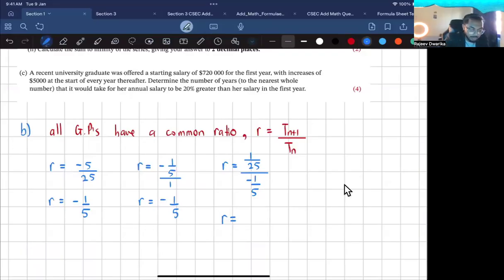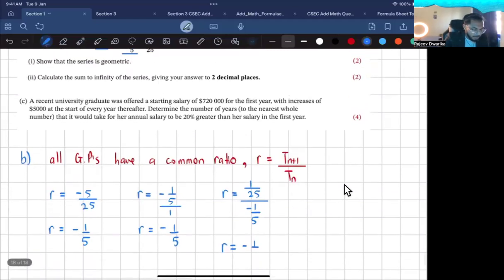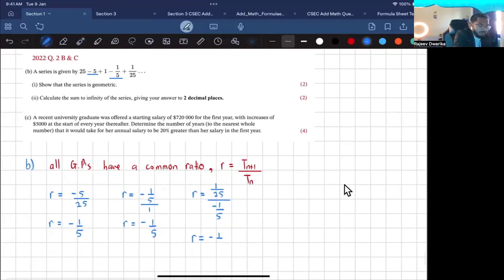I get minus 1 over 125. No, you're supposed to get -1/5.